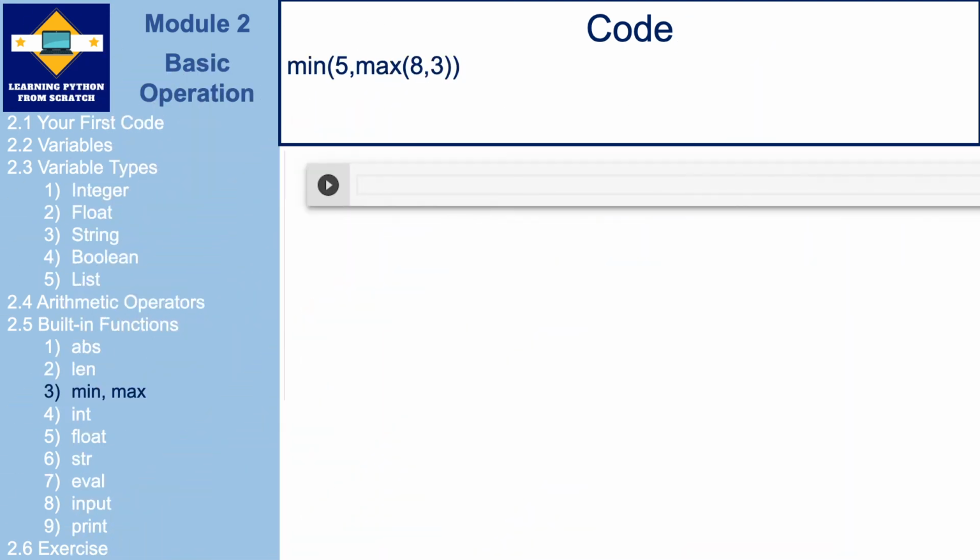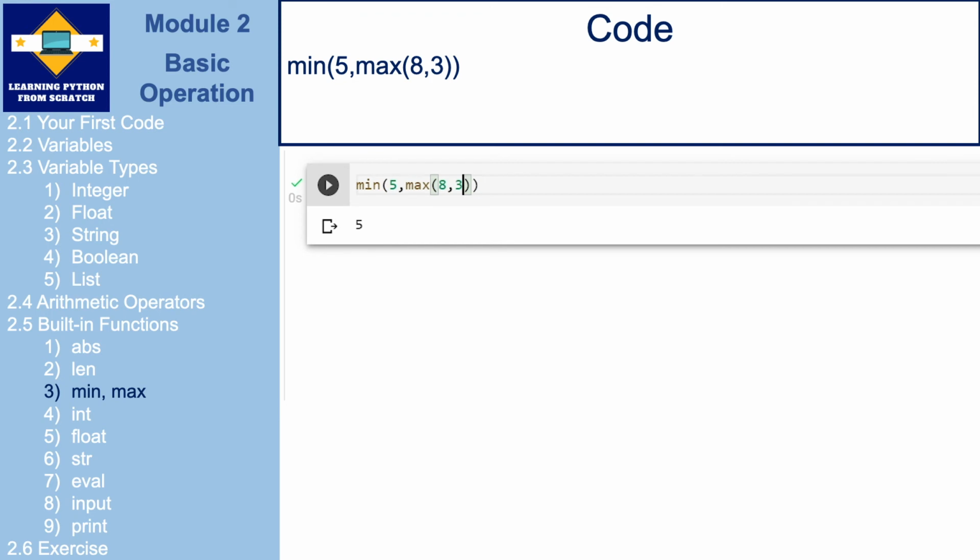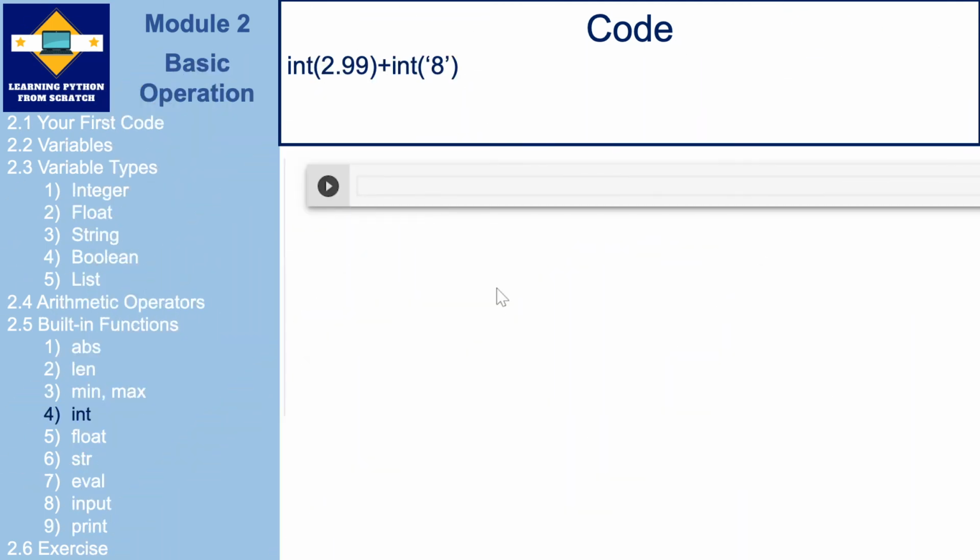Min and max find the minimum and maximum of a series of values. So min of 5, max of 8 and 3. The output is 5. The maximum between 8 and 3 is 8, and the minimum between 5 and 8 is 5, so the answer is 5. Then is int.